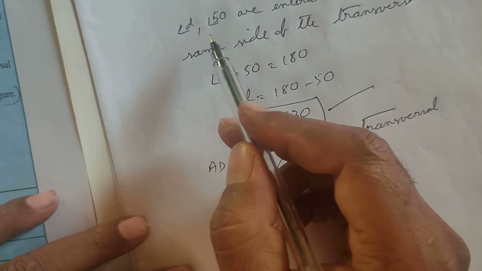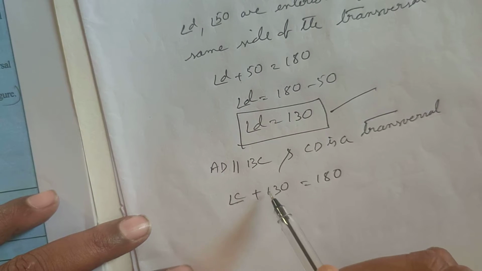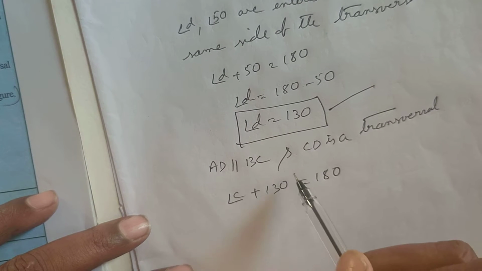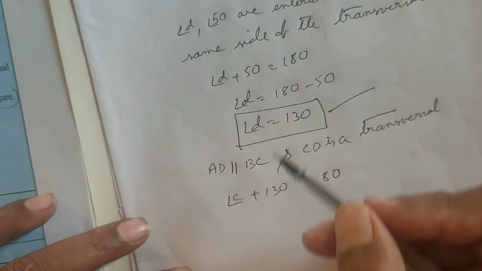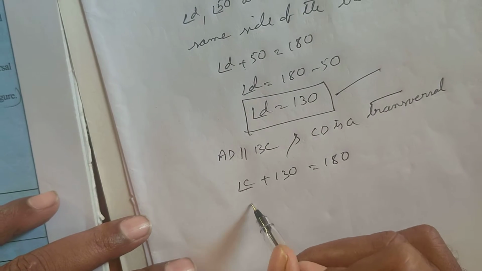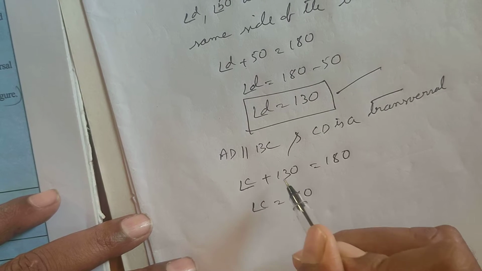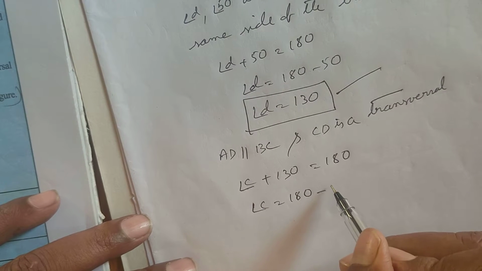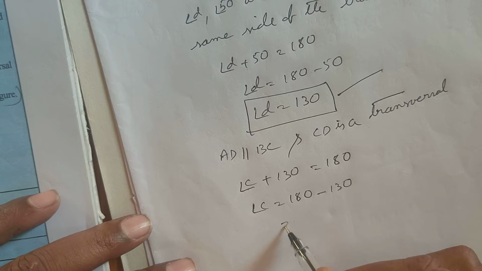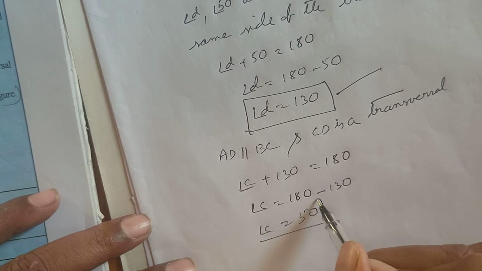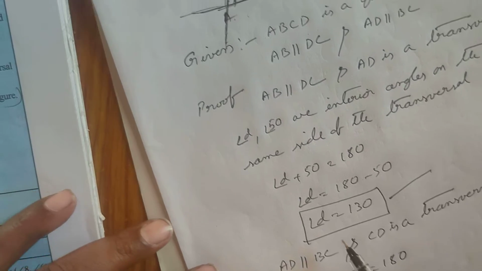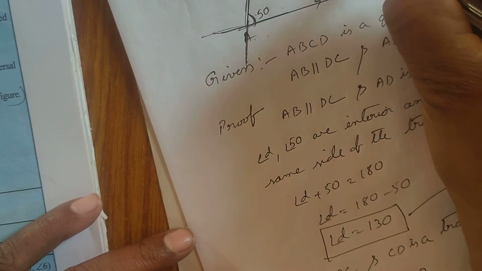I already said these two angles become interior angles on the same side of the transversal, and their sum is 180 degrees. I am not writing it again. Angle C is equal to, bring 130 to this side, plus 130 goes to that side as minus 130. From 180, if you subtract 130, you get 50. So angle C, how much did you get here? 50. So here angle C is 50.